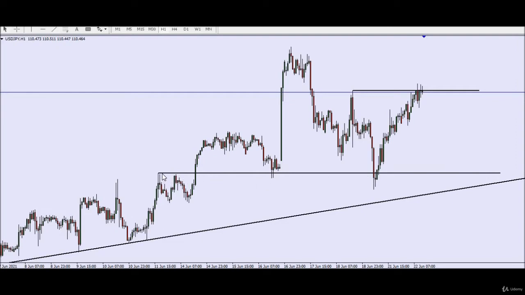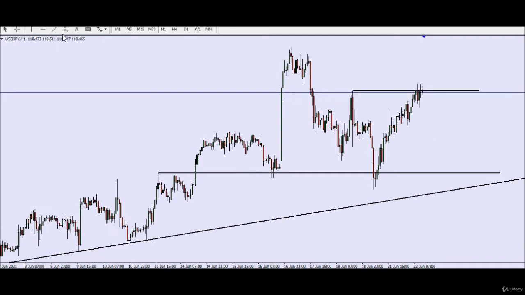So as you can see, resistance, break, support, fake breakout, and continuation to the upside. So these are the main levels for us.